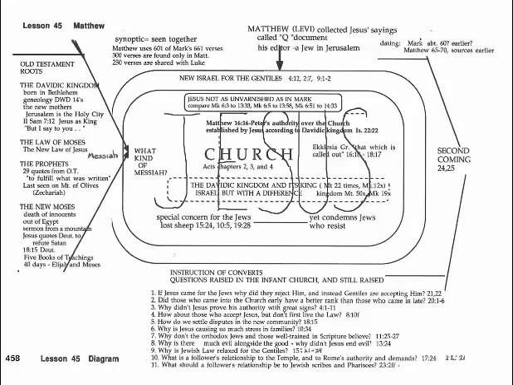Matthew has, as each one of these Gospels does, its own view, its own presentation of Jesus. And as the two concentric ovals suggest, there is a coherence here in Matthew.